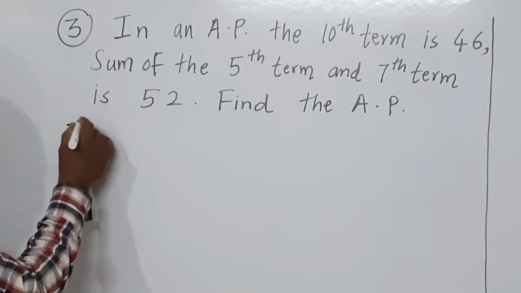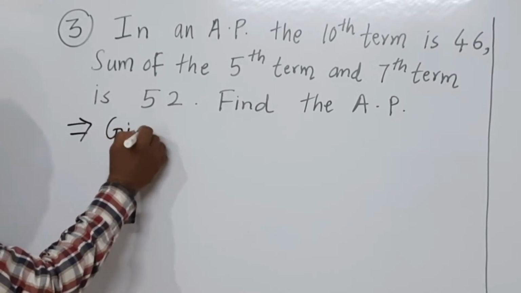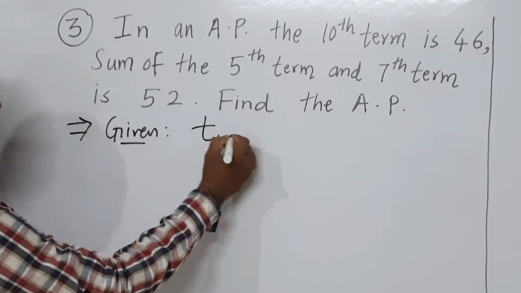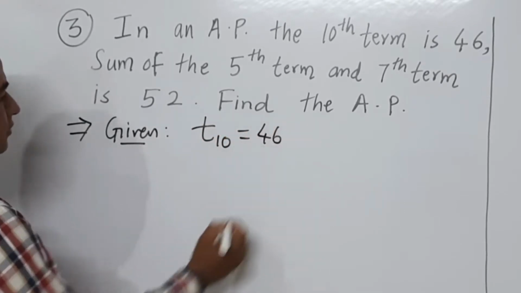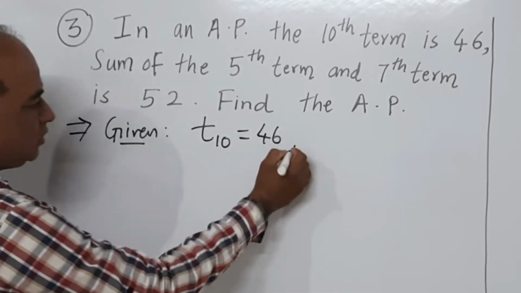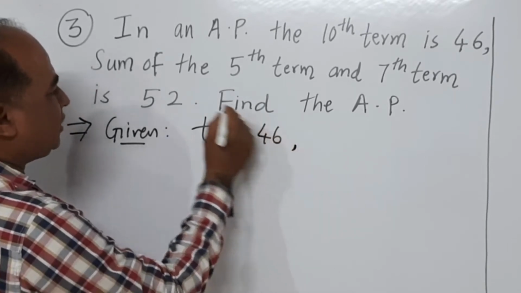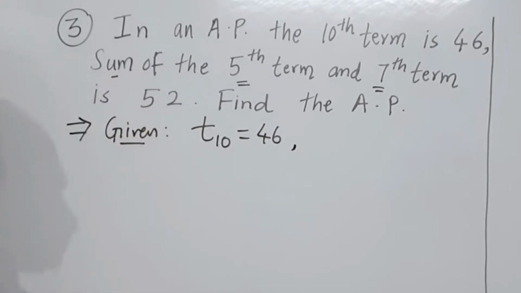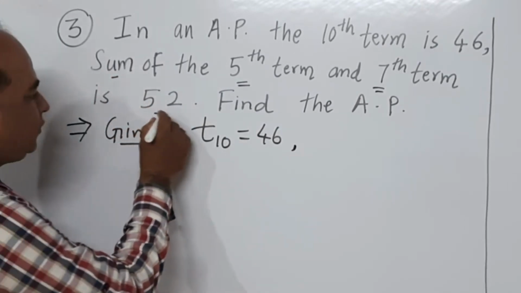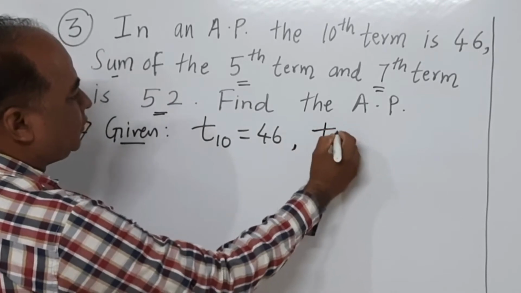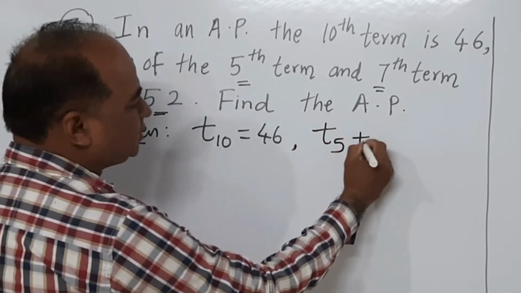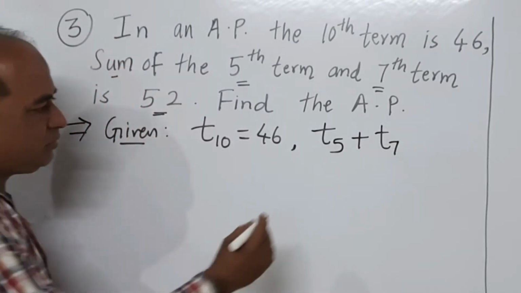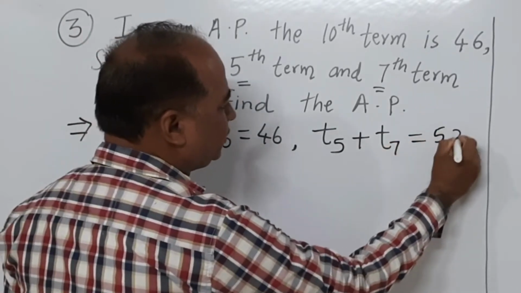So here the given thing is the 10th term of an AP, that is T10 is equal to 46, and the second thing which is given is the sum of 5th term and 7th term is 52, that is T5 plus T7 is equal to 52.